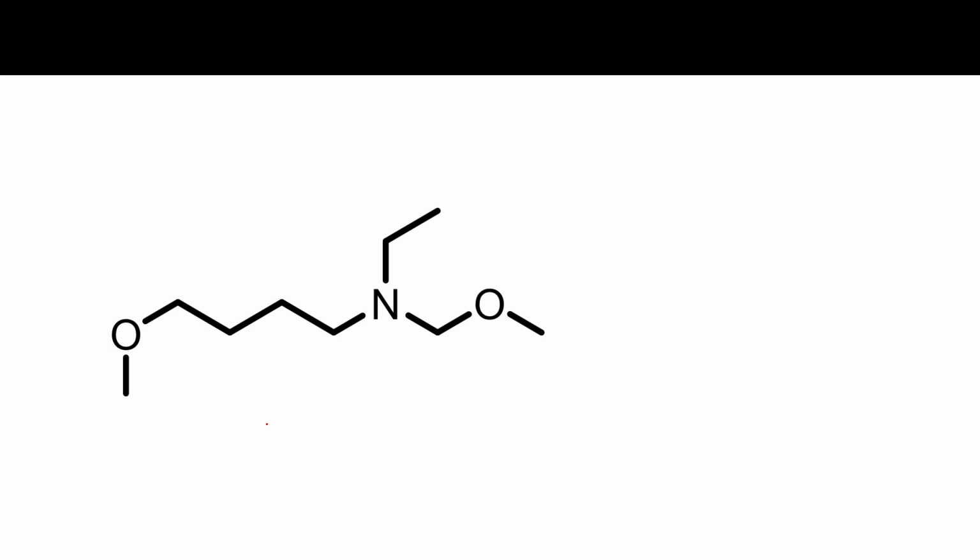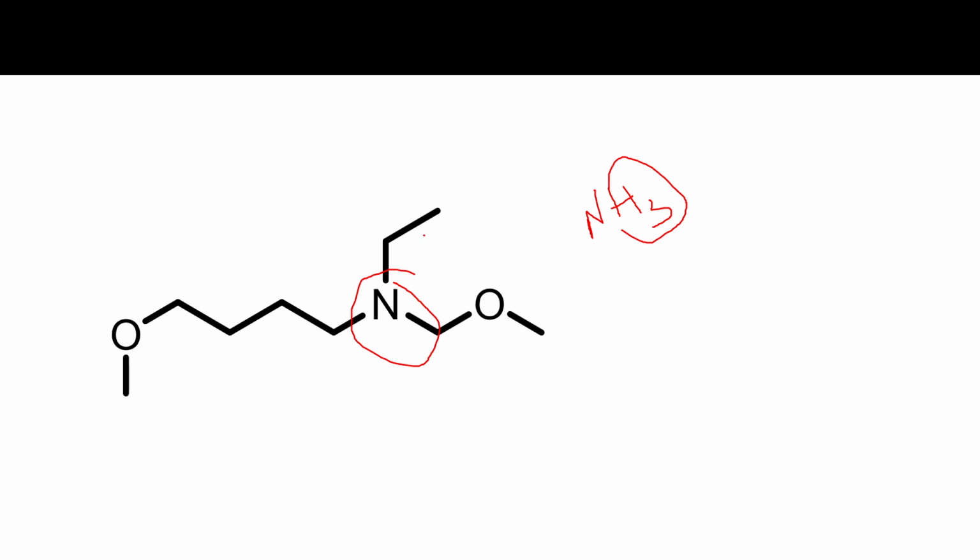Now this is the first example. We have to give the IUPAC name of this molecule. This is an amine molecule. In an amine like NH3, in place of hydrogen there will be three other substituents present.